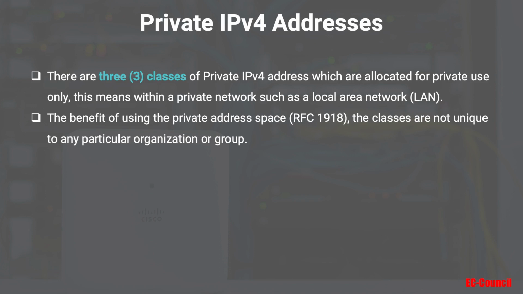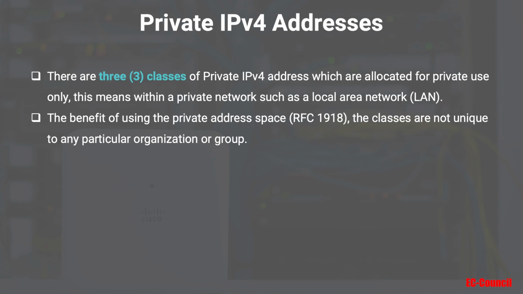So, the organization which created the whole IP address scheme for us is called IANA, which stands for the Internet Assigned Numbers Authority. They created both a public and a private scheme. So, what they determined is they created a private IPv4 space. And this private IPv4 space is defined by RFC 1918. So to put it simply, there are 3 classes of private IPv4 addresses which are allocated for private use only.